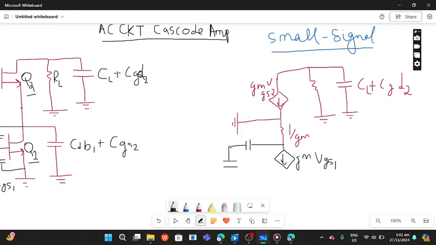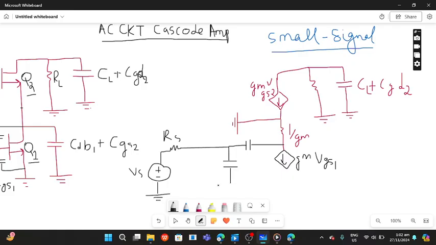Here you have AC and it is your VSIG. You name it as VS, RSIG.